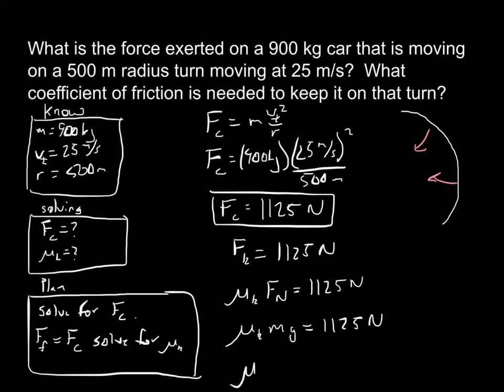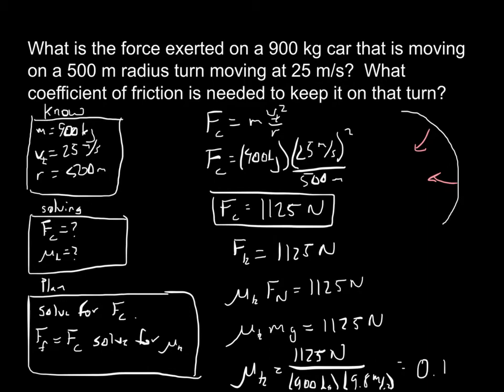So our coefficient of friction is going to be equal to 1,125 newtons divided by mg, so divided by 900 kilograms times 9.8 meters per second squared. And if we do that, we get a coefficient of friction of 0.13, which is a very realistic number, right? Less than 1 seems along the lines of most of our coefficients of friction.